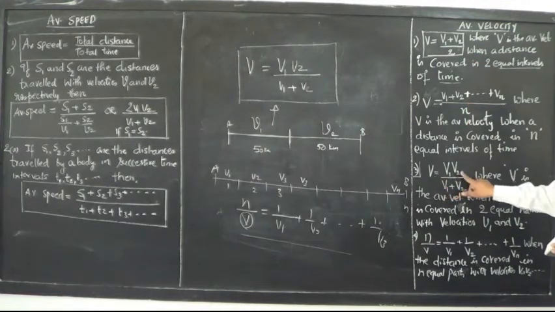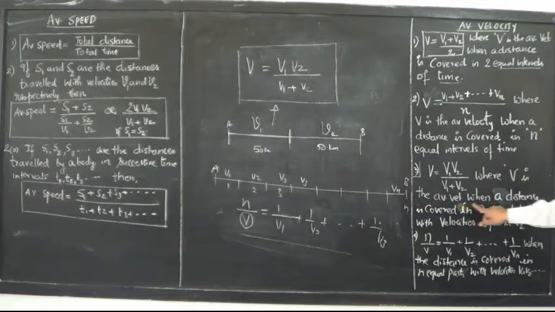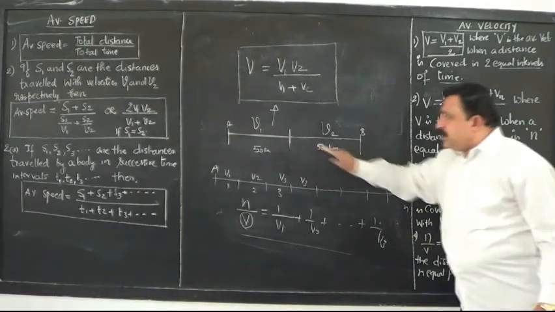And the average velocity v is given by 2 v1 v2 over v1 plus v2, where v is the average velocity when the distance is covered in two equal halves with velocities v1 and v2, as explained in this case.